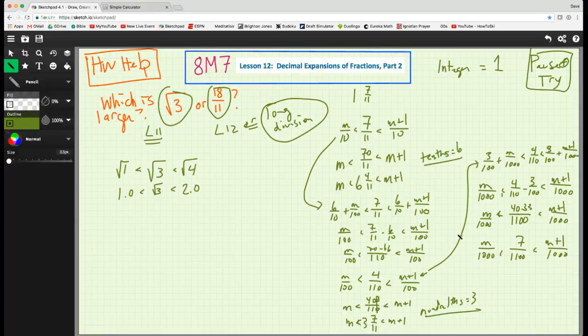Now we multiply everything through by 1,000, and we get m is less than 7,000 over 1,100 is less than m plus 1. Get rid of the zeros, and we have 70. M is less than 70 over 11 is less than m plus 1. Well, we've already seen that right here.